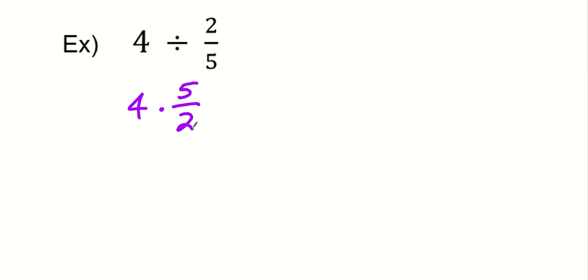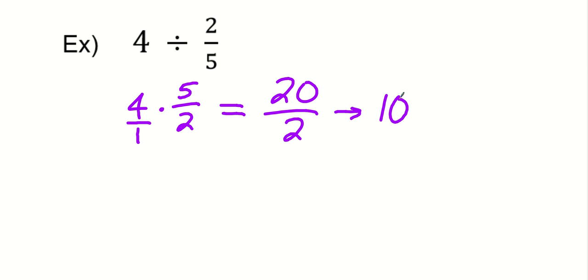And just like before, you got to make that into 4 over 1 so we can multiply across. Numerator times numerator, denominator times denominator. And once again, not only does this reduce, this flat out divides cleanly to be 10. 20 over 2 is 10. Or 10 over 1, which would then be 10.